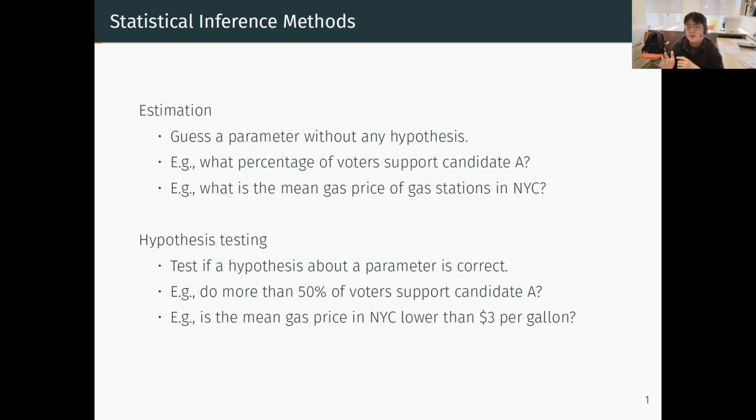For example, a question for the estimation is like what percentage of voters support a candidate, or what is the mean gas price in New York City, right? Something like that. Because it's an open question, you have to calculate a number to answer the question, right? You have to calculate the percentage or the gas price, right?